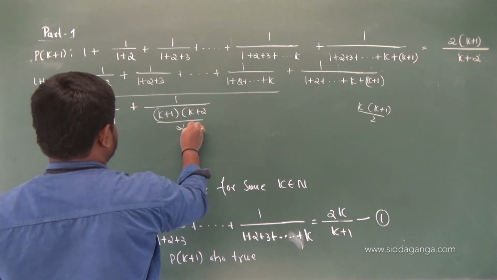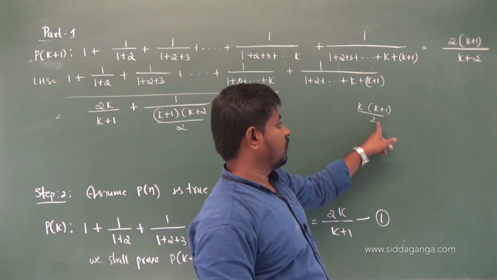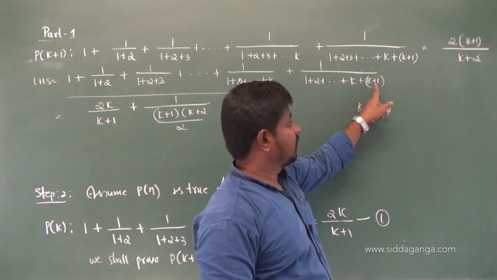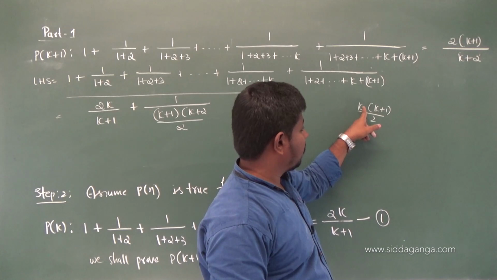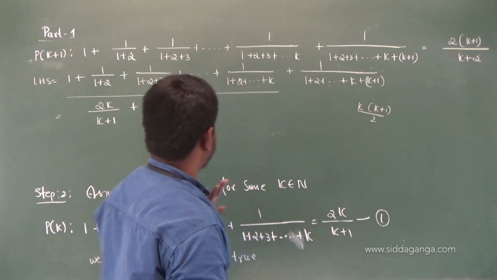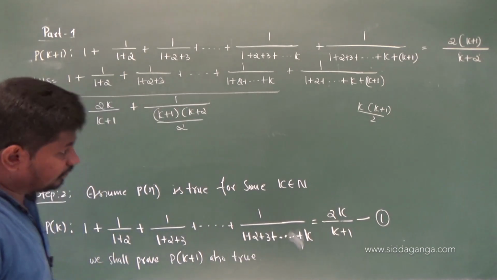Hope you got this, students. N into n plus 1 by 2 when we have n or k; when you have k plus 1 terms, k plus 1 in place of k, so k plus 1 plus 1, that is k plus 2 by 2. Okay?